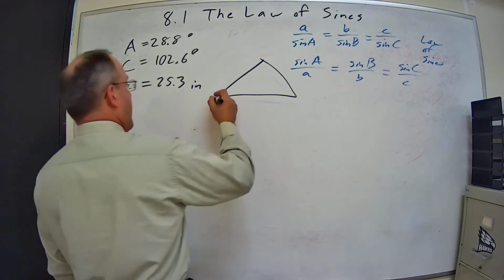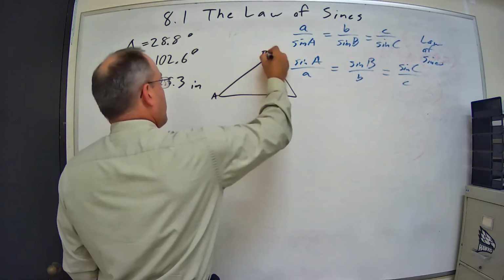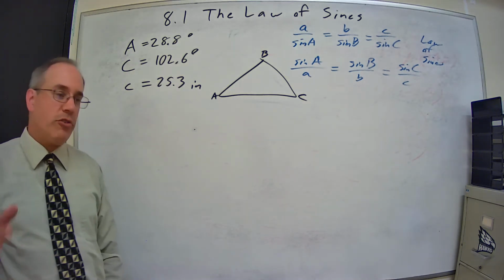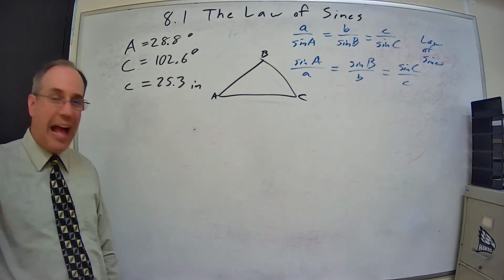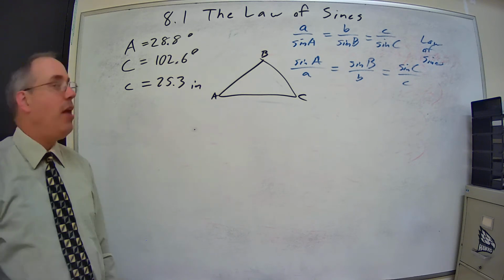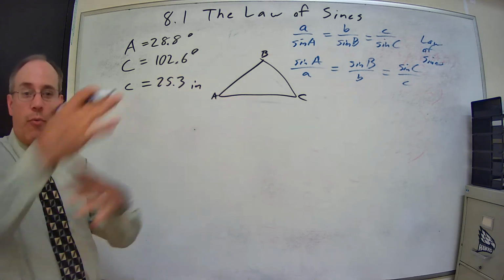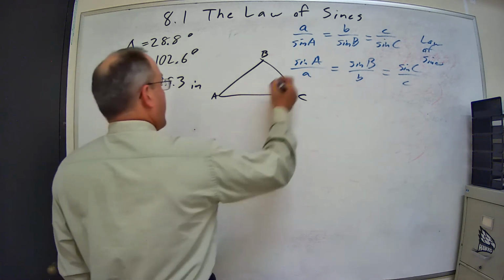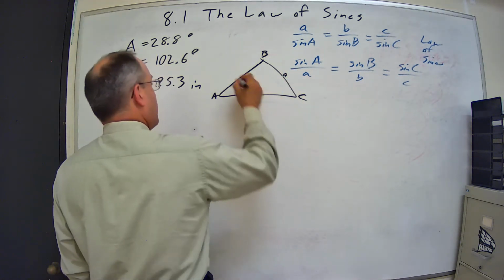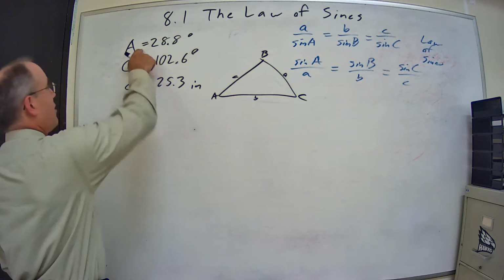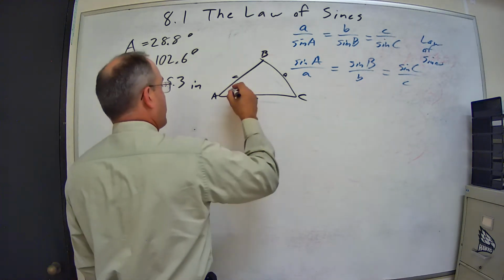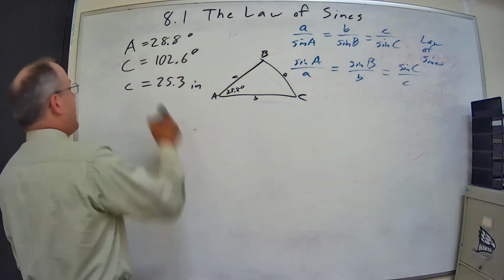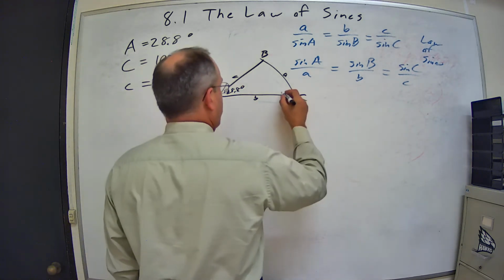Okay, so we've got A, B, C, and I do not guarantee that this triangle is drawn to scale. To be perfectly honest, I don't care if it's drawn to scale. I just need to be able to see what relationships I have. So that's A, B, C. Angle A is 28.8 degrees. Angle C is 102.6 degrees.